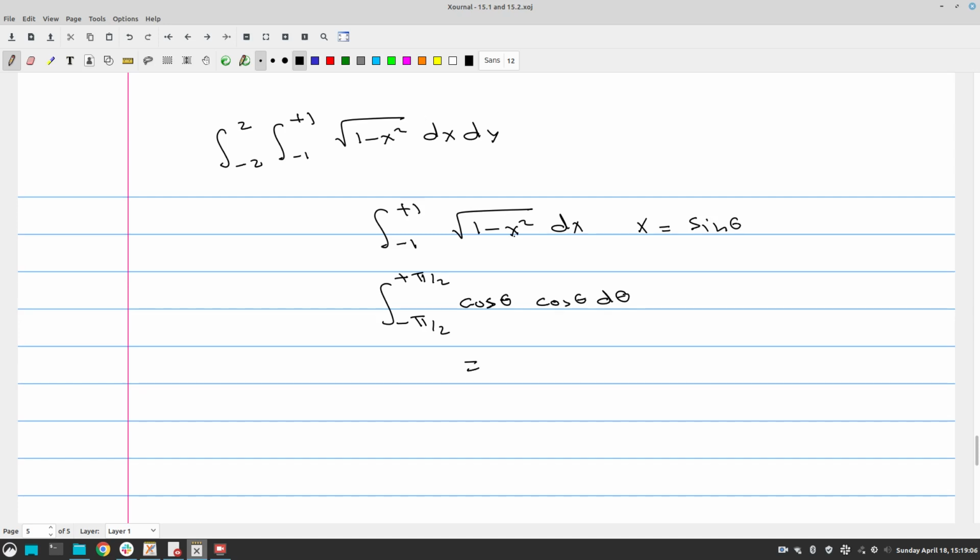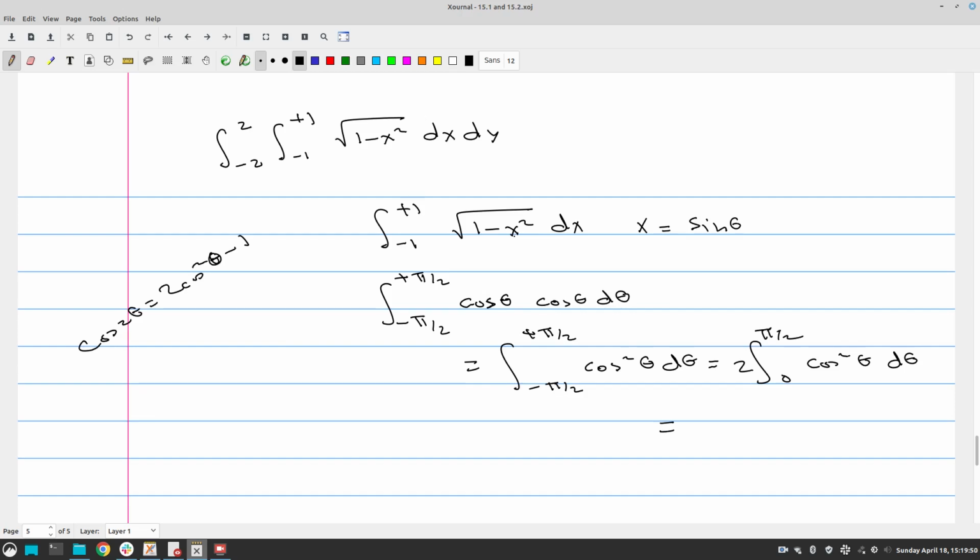So we have to evaluate the integral from -pi/2 to pi/2 of cosine squared theta d theta. This is the same as 2 times the integral from 0 to pi/2 of cosine squared theta d theta, because this is an even function. Cosine theta is an even function, so cosine squared theta is an even function. Remember, cosine 2 theta equals 2 cosine squared theta minus 1.